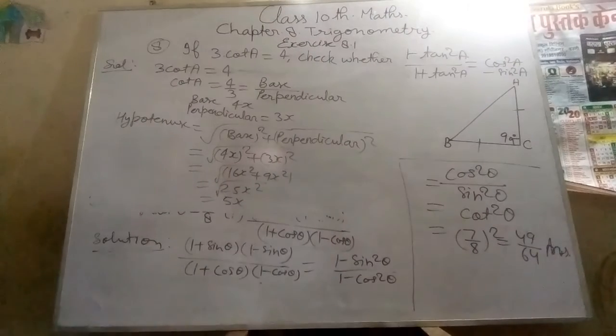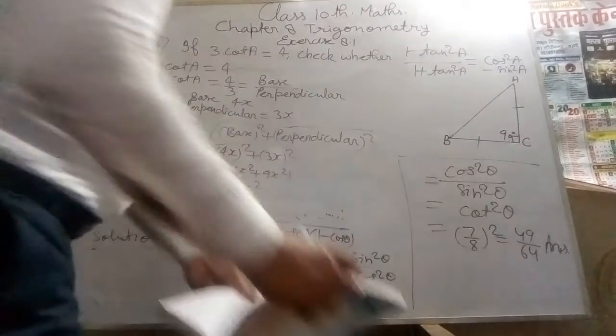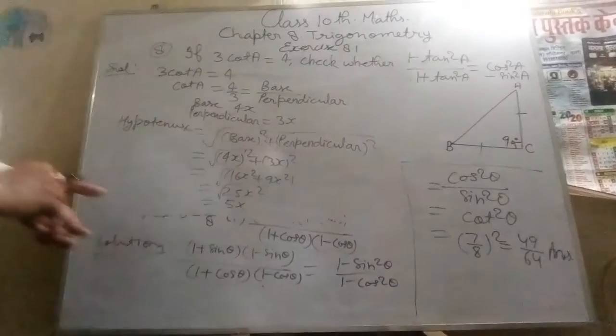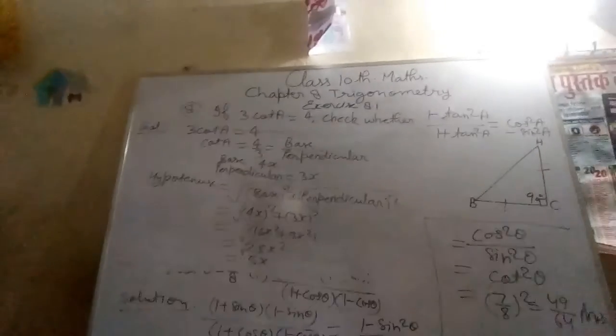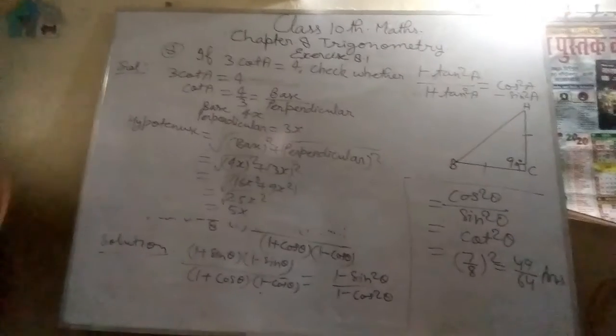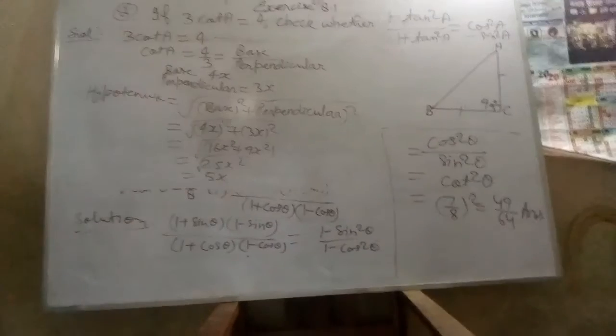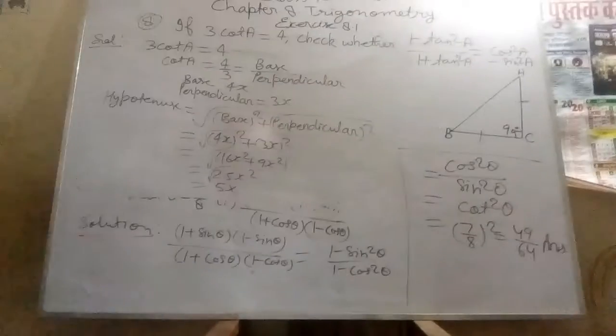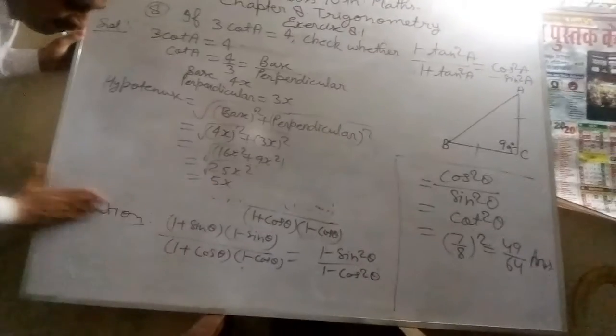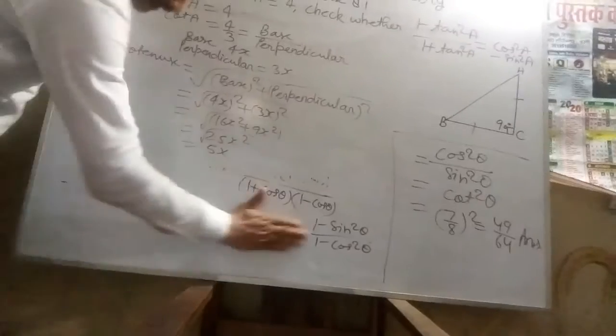Means hypotenuse value is 5x. Now find the value of 1 minus tan square A and 1 plus tan square A. So find the value of tan A.